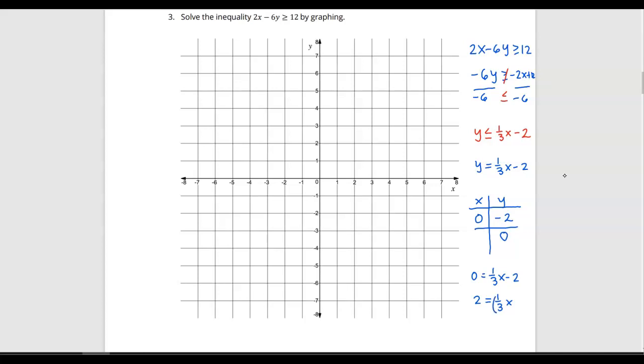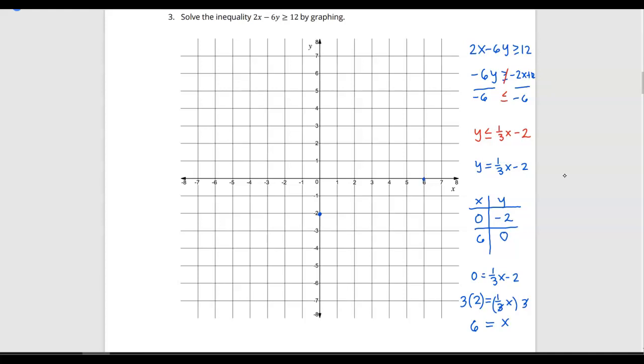If I multiply this by 3, I also have to do it on this side. Then the 3 cancels out, so x is equal to 6. So x is equal to 6, y is 0. Those are the intercepts. So we have this point here, 6, 0.